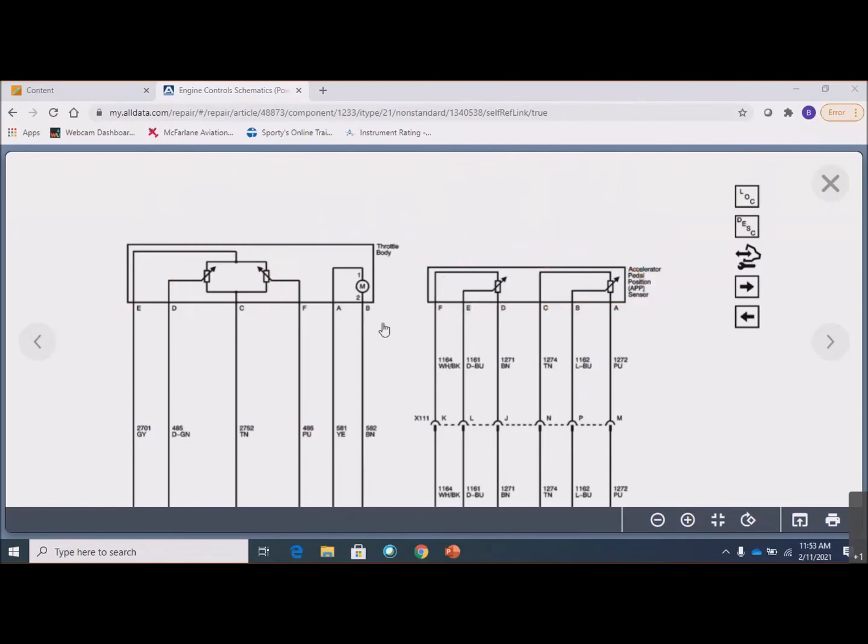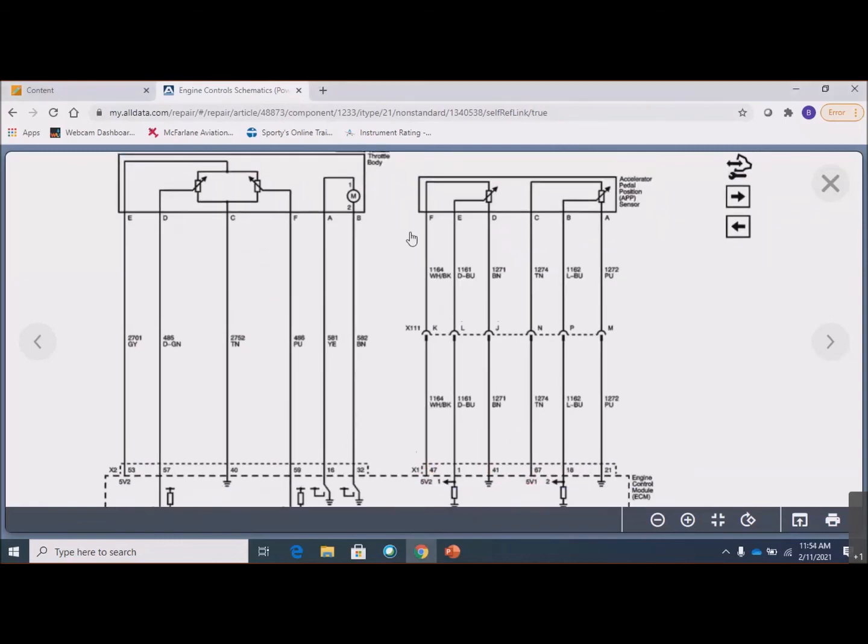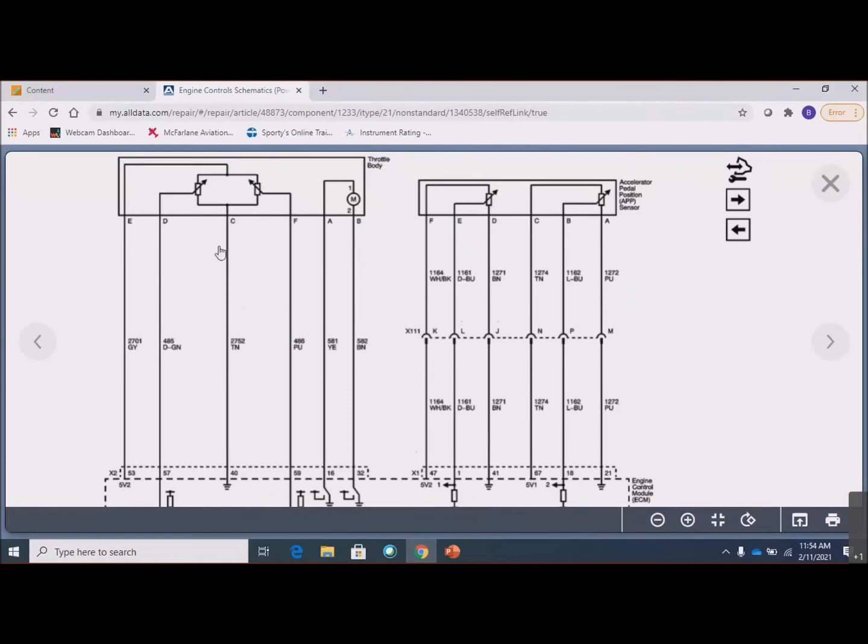There is a difference between these 2 that I'll point out, right? The accelerator pedal position sensor has 5 volts separately to each sensor, ground separately to each sensor. Right? This throttle body, right?